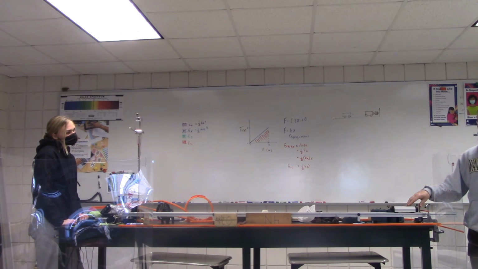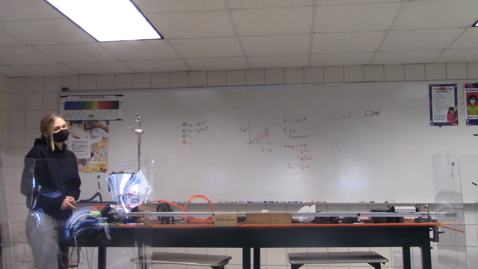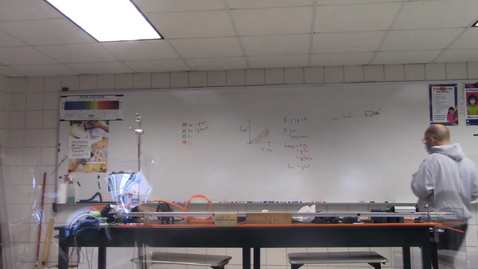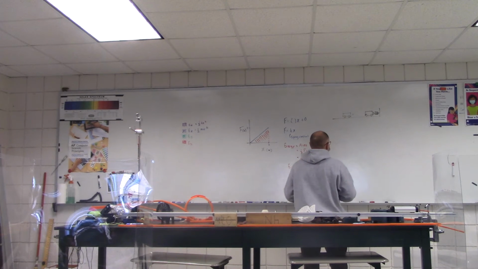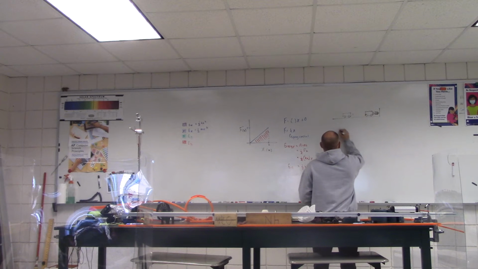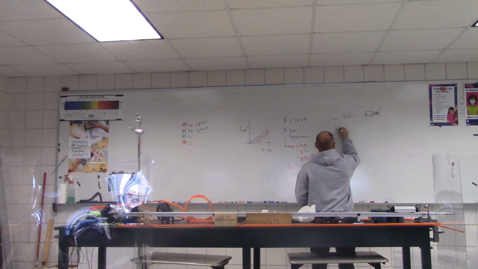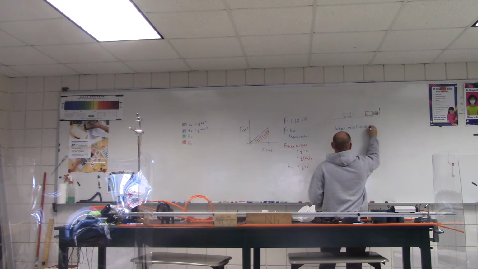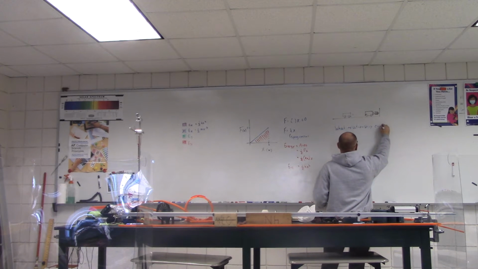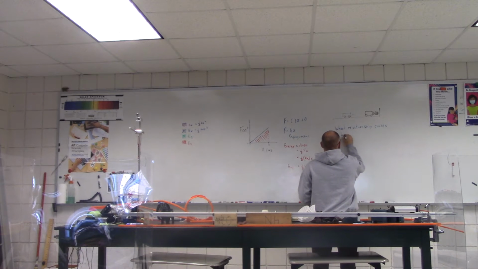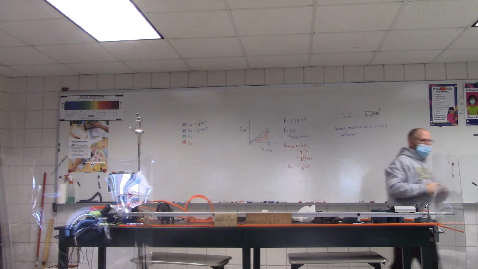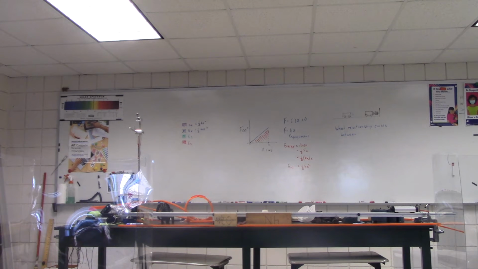So here's what I want to know today. Open up to a new page. We're going to do an actual exploration here. I want to know, what are we changing? What are we measuring? What's the independent variable?